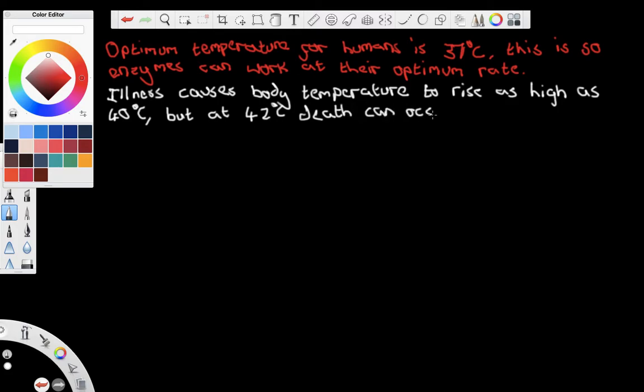So essentially, being at 42 degrees Celsius can lead to death.